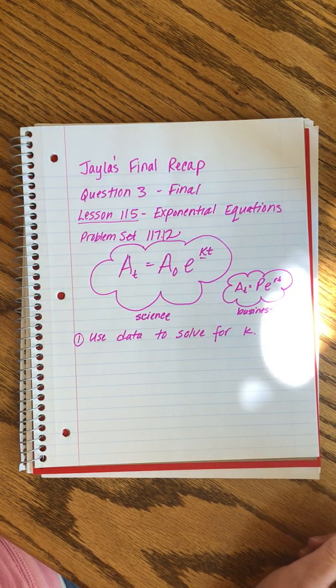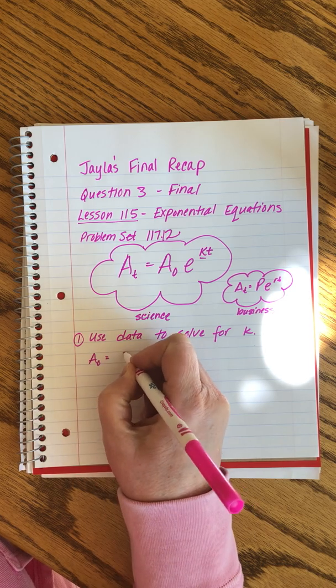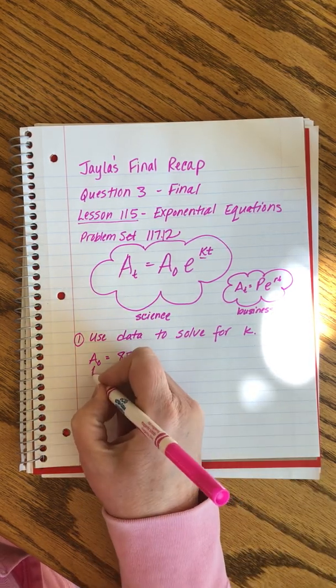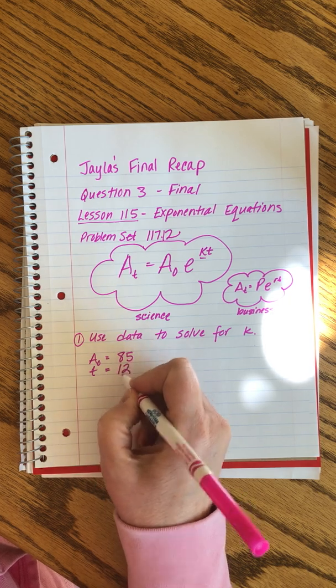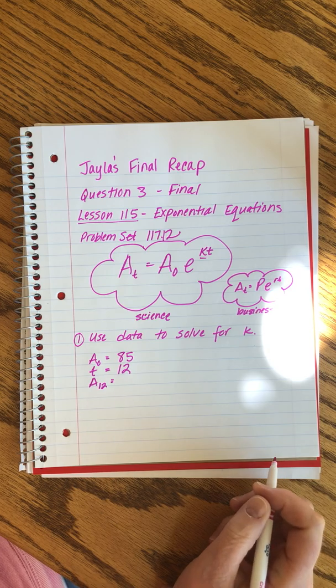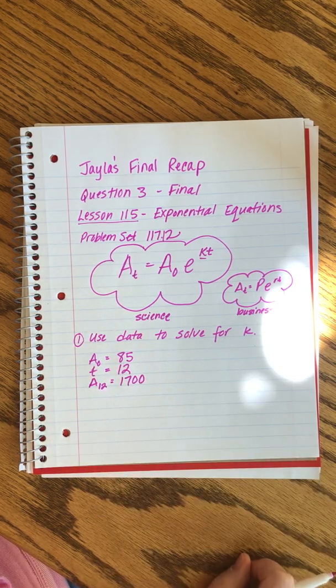And for the first scenario, it says at first there were 85 rabbits. Okay, so we know that's the original amount. 12 years later, so when t equals 12, the amount at 12 years is 1,700. Right? Okay, then it goes on to talk about the second scenario.